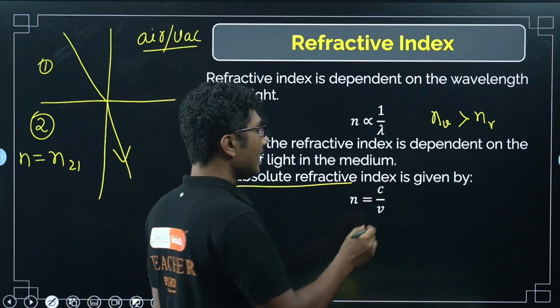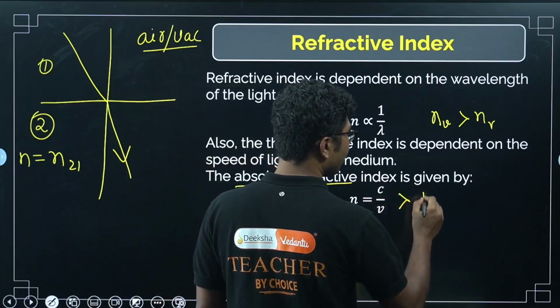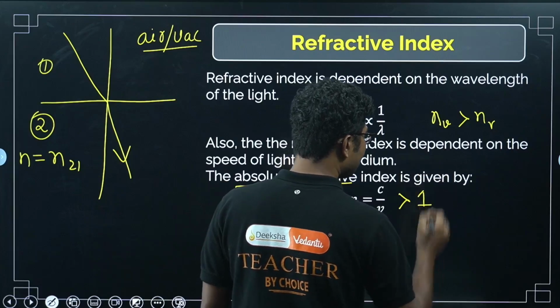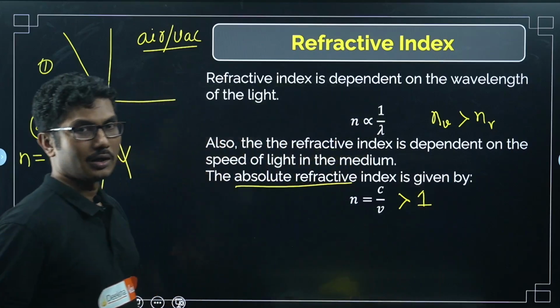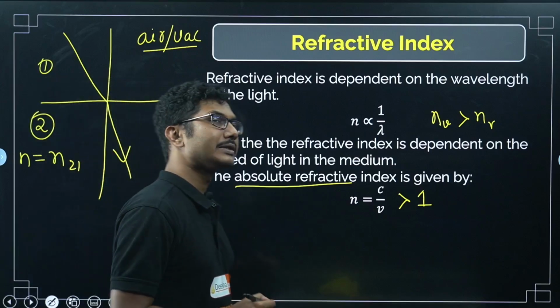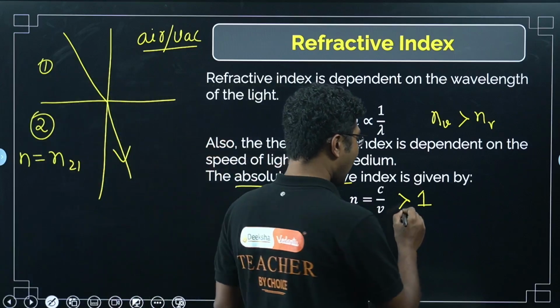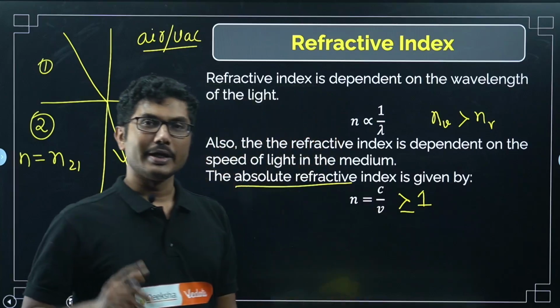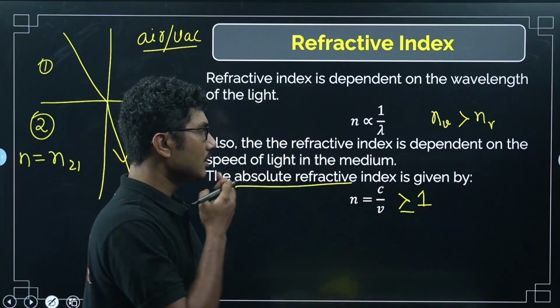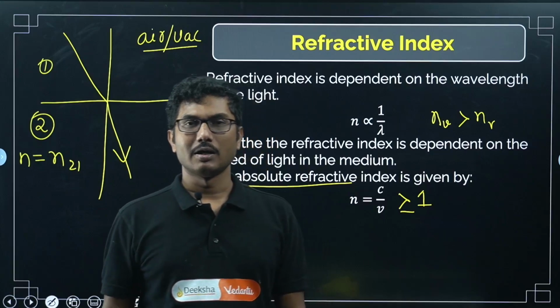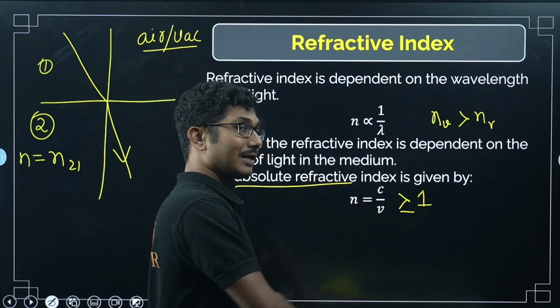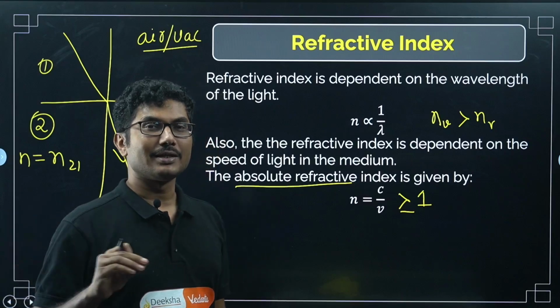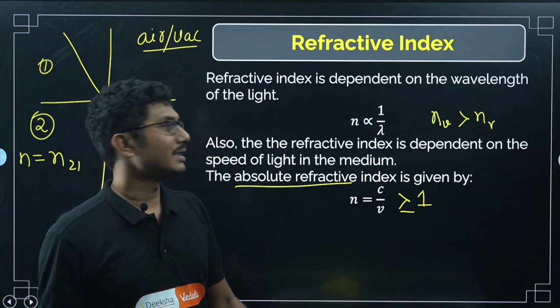From this we can see that the absolute refractive index is always greater than 1. For air and vacuum the refractive index is equal to 1. For any other medium the absolute refractive index is greater than 1.